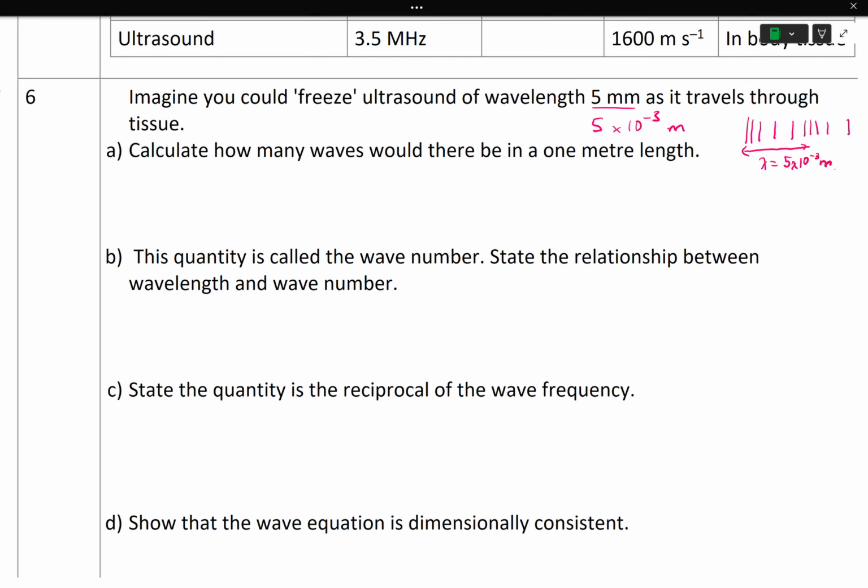So how many waves would there be in a length of 1 meter? Well, this is just a case of working out the number. So we've got the total length over the length per wave, which of course is known as the wavelength. So that's just 1 over 5 times 10 to the minus 3.